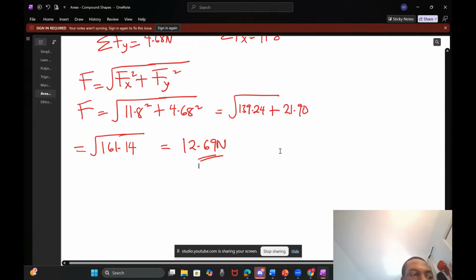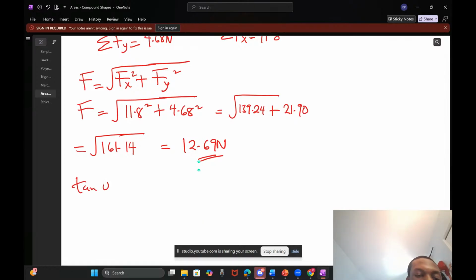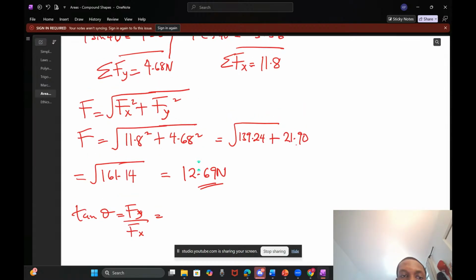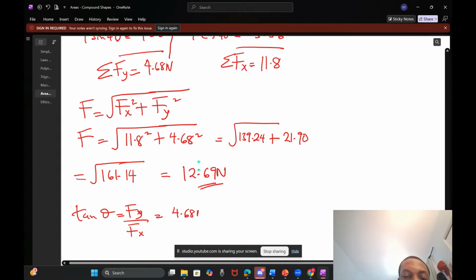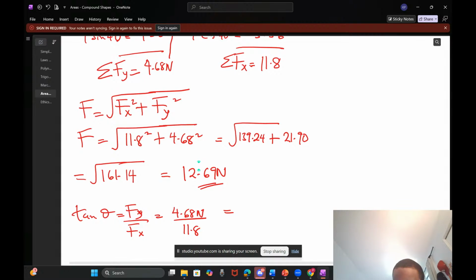So now let's find the direction of the magnitude. So tan theta is equal to Fy over Fx. So Fy is 4.68 newtons over 11.8. Okay, so when we do 4.68 divided by 11.8, this is equal to 0.3966.